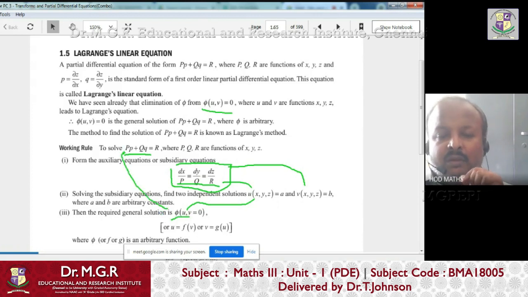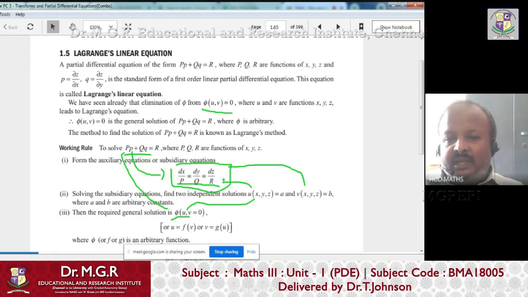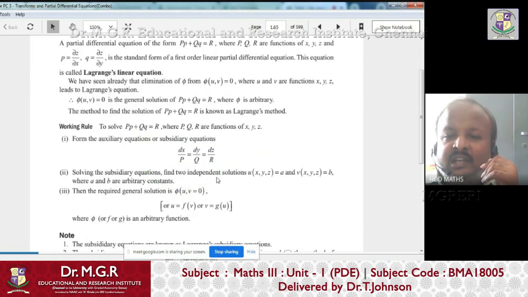So here you are not solving the given PDE directly. You rewrite the PDE in auxiliary equation form, and then solve this, called the equivalence, because three things are equal. If you solve this, you will get u and v. At this junction it looks difficult, but we will see one example, and then it will be much easier and you can easily find u and v.